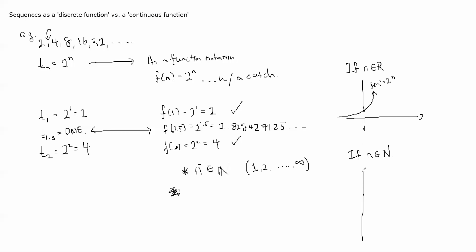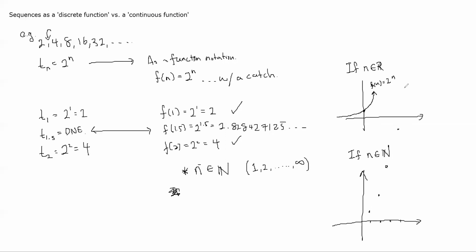In other words, no decimals are used. It's just 1, not even 0, just 1, and then 2, and then 3, and then 4. So 1 will give me a 2, 2 will give me a 4, 3 will give me an 8, and 4 will give me a 16. And I don't connect these dots.